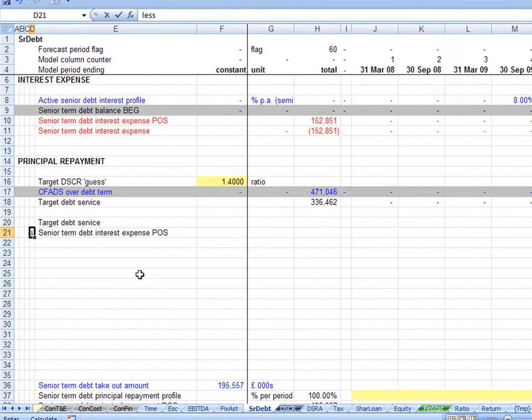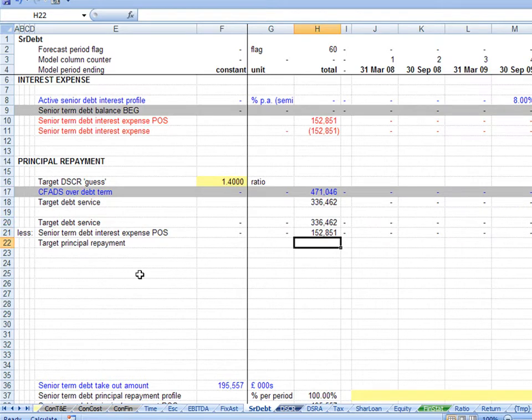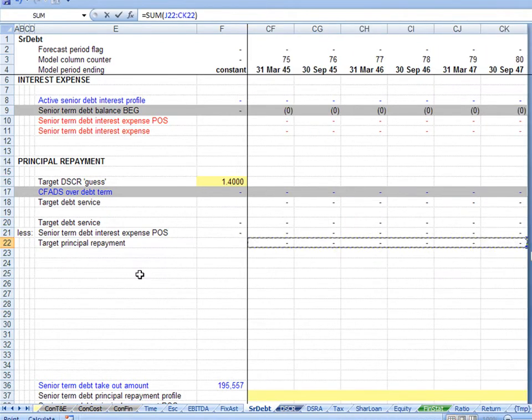I'll show that we're going to subtract that to get target principal repayment. So we'll shoot those labels across, and do an A minus B to get what target principal would be, which would imply that 1.4 constant ratio.